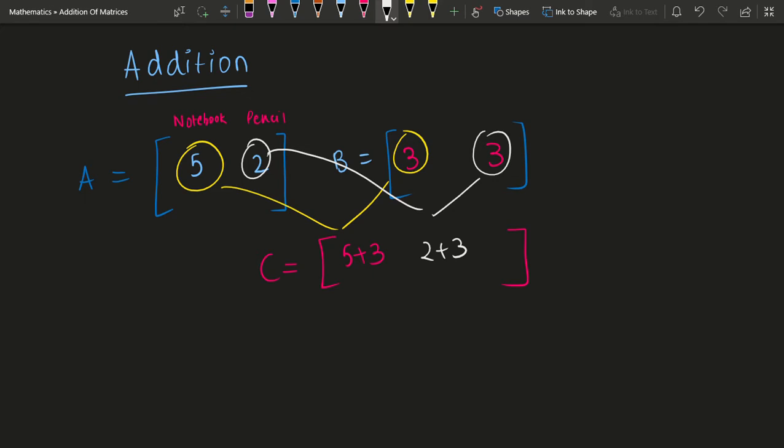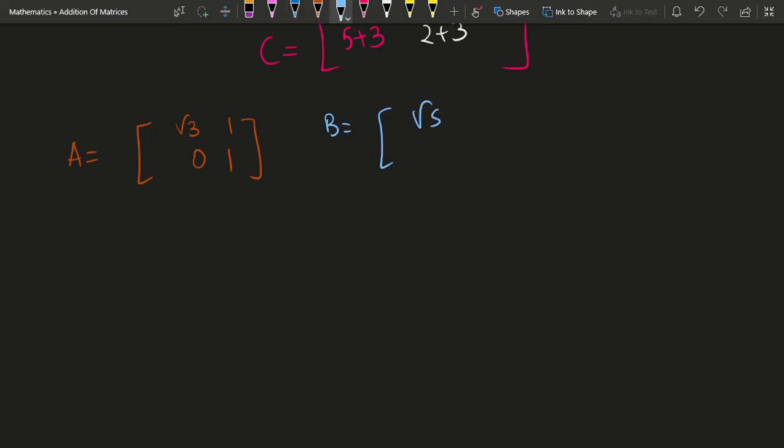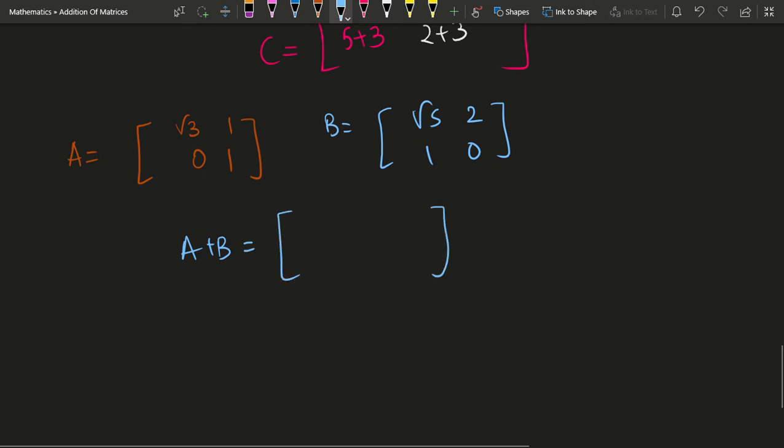So if you had, for example, two matrices, A equal to root 3, 1, 0, 1 and B equal to root 5, 2, 1, 0, and you add both of them, what you're basically doing is taking the elements lying in the same position in the matrix and adding them element wise.